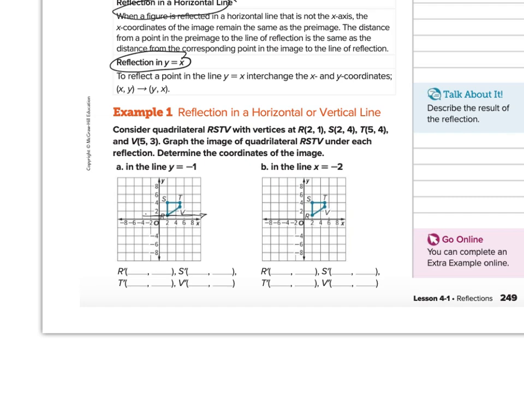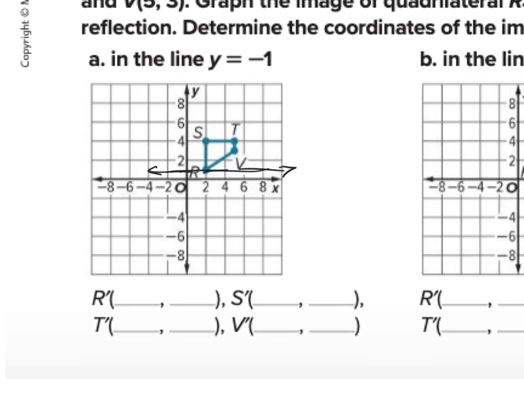And they want you to reflect over it. Well, my new image would be, this is on my line of reflection, so I would be here, here, here, something like that. And I could graph those points, or identify those points on my chart. So that's what they're talking about there.